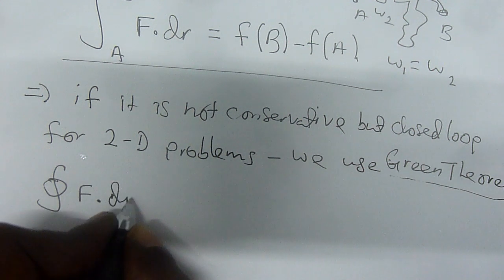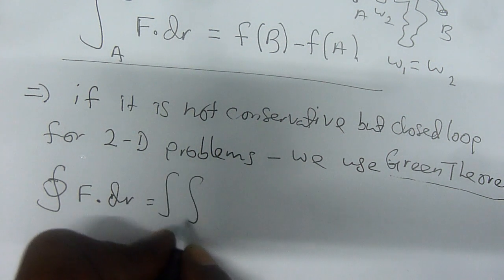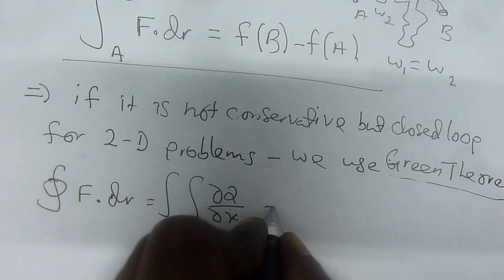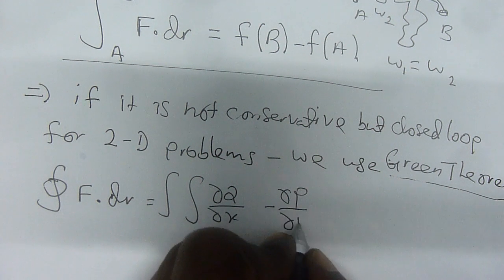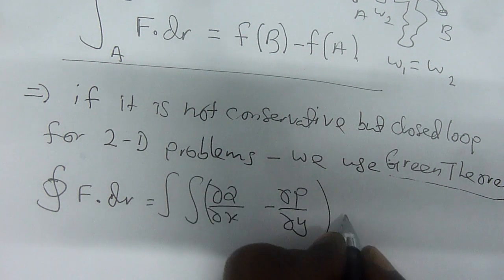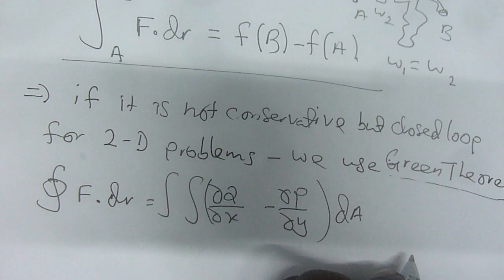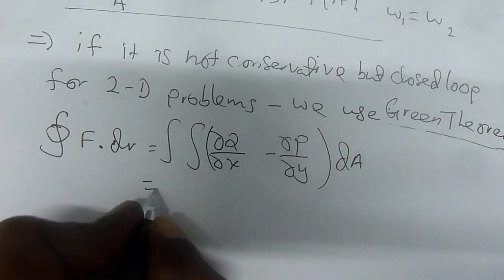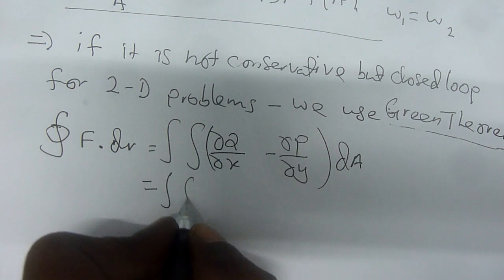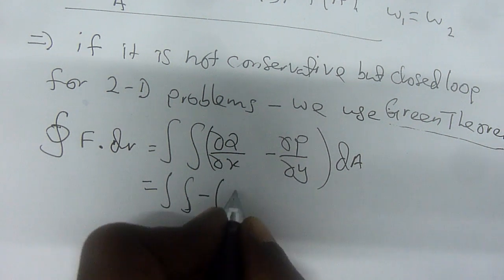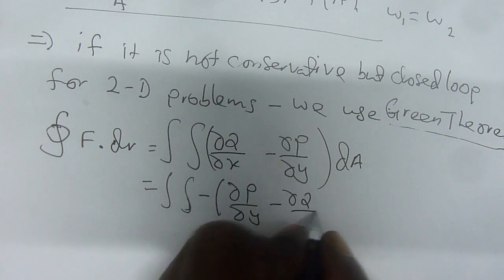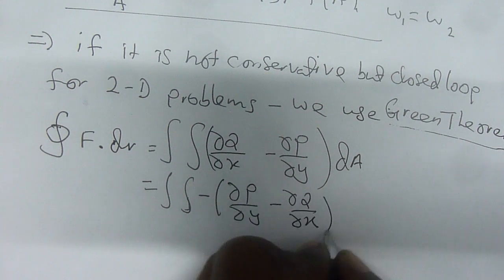If it is a closed loop, the integral of F dot dr equals the double integral of (del Q/del X minus del P/del Y) over the area dA. Or sometimes we write this as the opposite, bringing it out via a negative: del P/del Y minus del Q/del X dA.